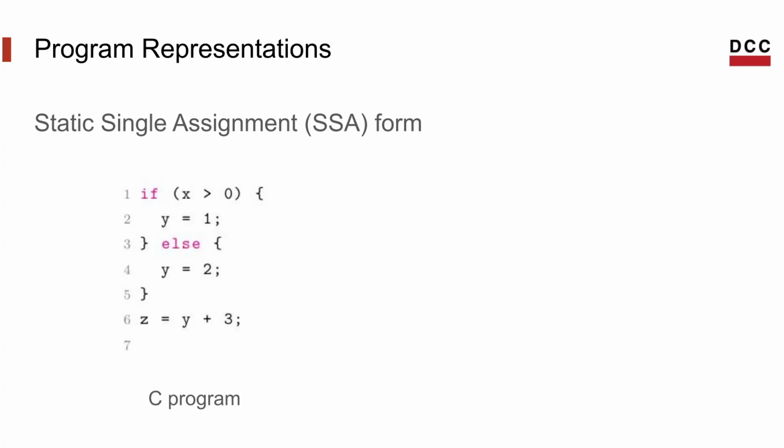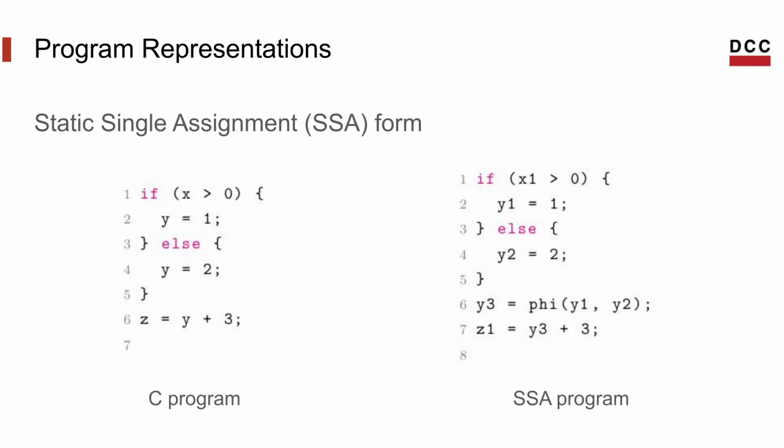For instance, if we want to transform a C program into its SSA form, we need to rename all variables to make their use unique and create phi functions whenever a variable is used at some merge point in the program. In our case, the phi function will set y1 to y3 if the last instruction executed was line 2. Otherwise, it will assign y2 to y3 on line 6.